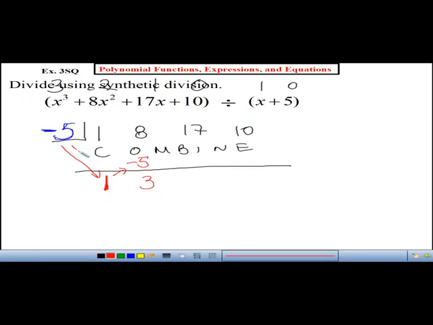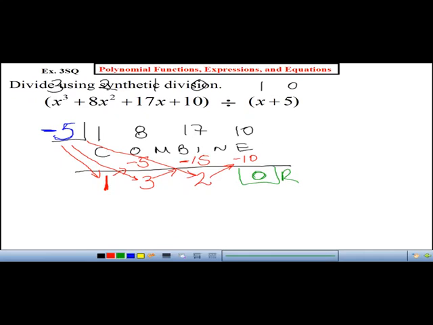Do the process one more time. -5 times 3, that's -15. That goes right here. Combine 17 minus 15, that is 2. Do it one more time. -5 times 2, that's -10. It goes right there. Combine those two, and since it's the last one, that means that's my remainder.